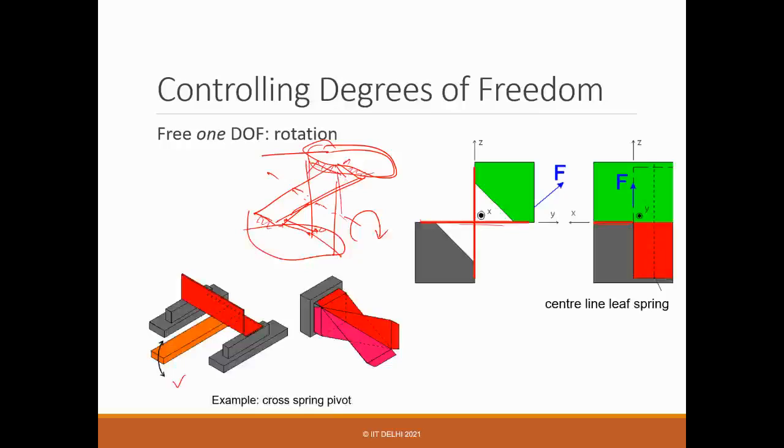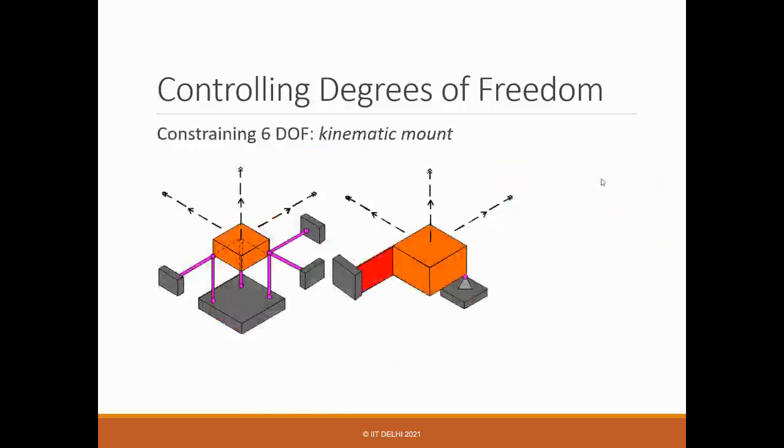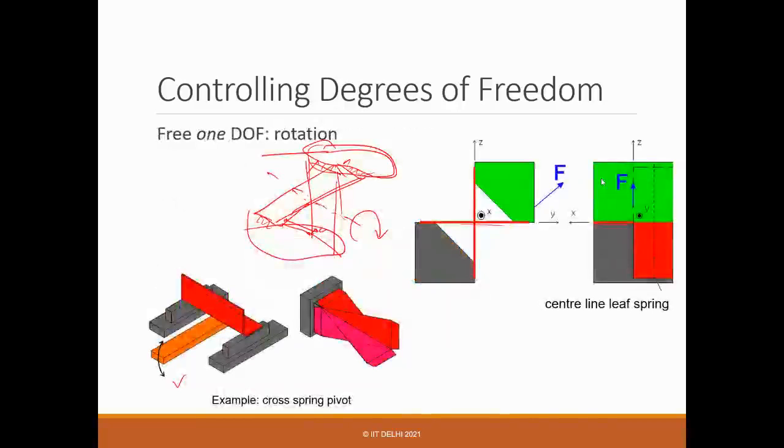You try to visualize, or you can make a CAD and see it. Here also there is only one rotational degree of freedom, along the line where the two planes intersect. So, center line leaf spring. This is one of the ways.